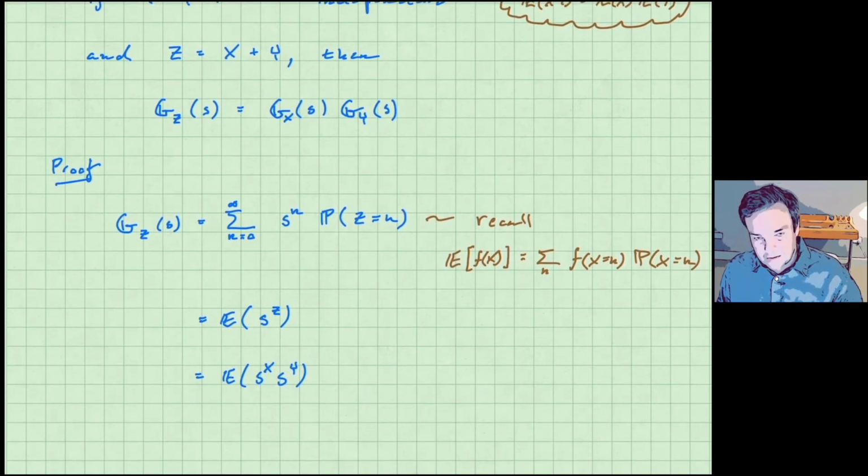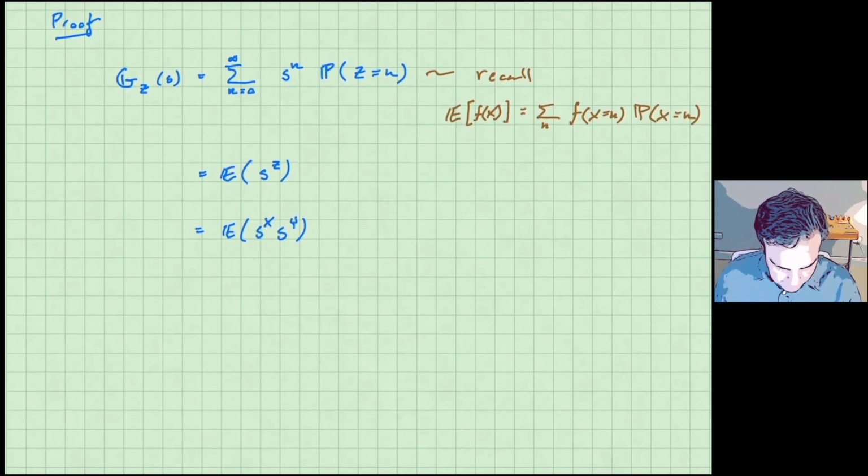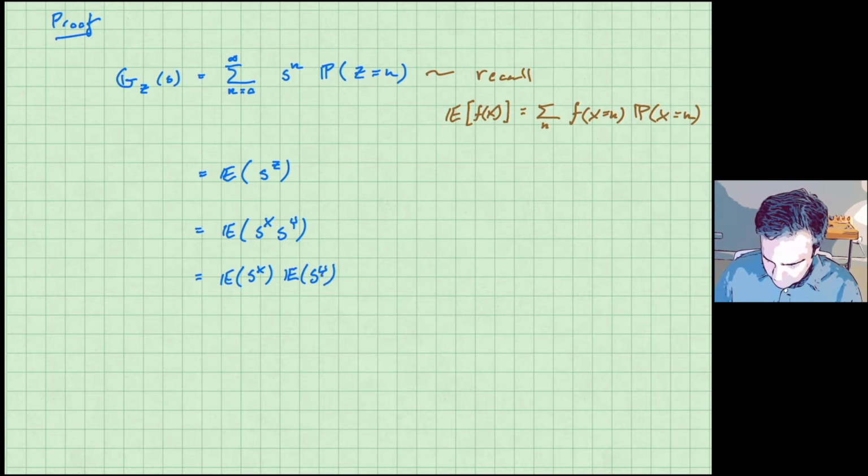You've got something that goes from being a product to being a sum, and that happens when you go from exponents down. Okay, and so the next step is to separate those guys. So this is actually the expected value of s to the X times the expected value of s to the Y. It isn't always this, but it's this way because these guys are independent.